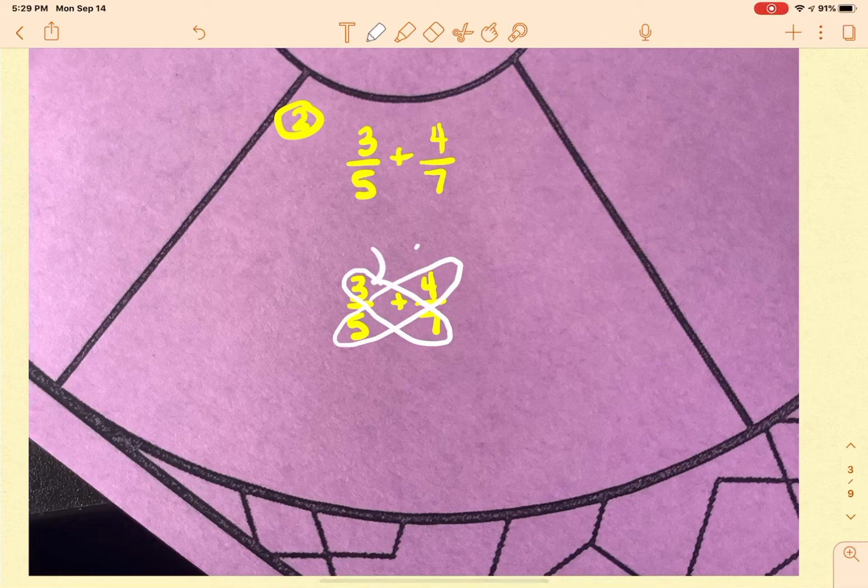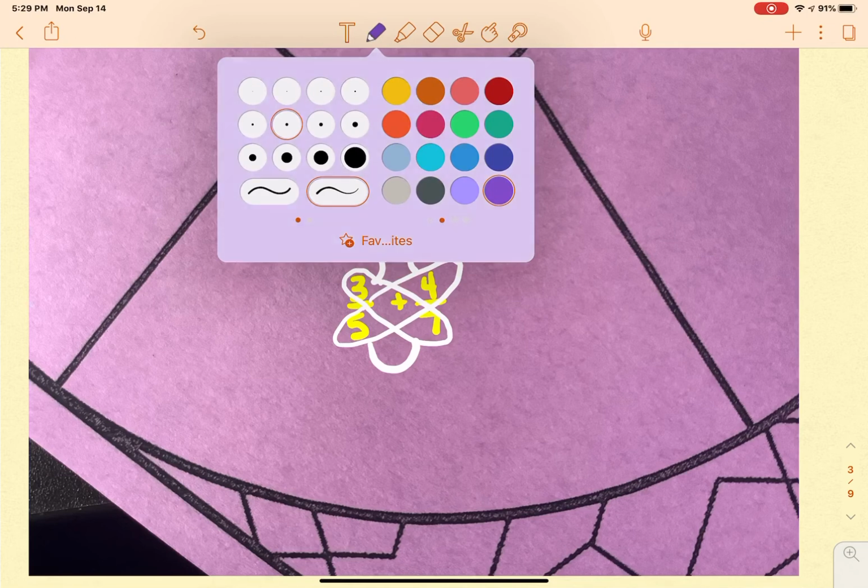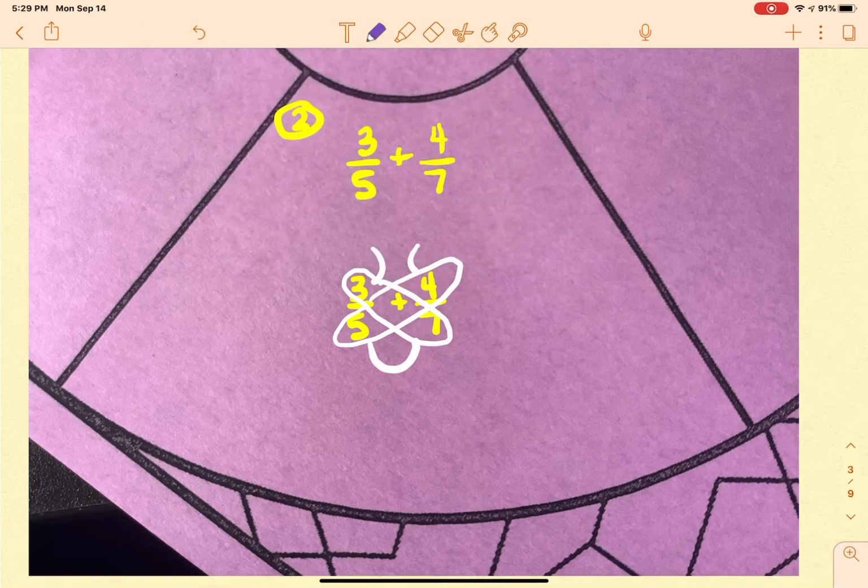I'm going to make my butterfly shape. I'm going to start to put stuff together. So this way, 7 times 3 is 21. And then I'm going to do this way and do 5 times 4 is 20.